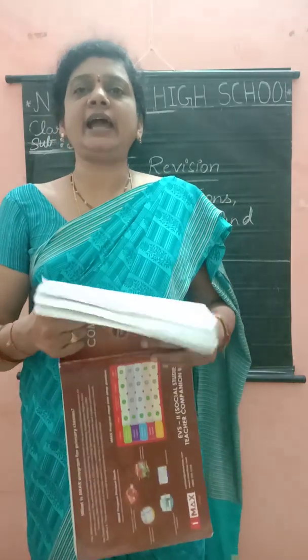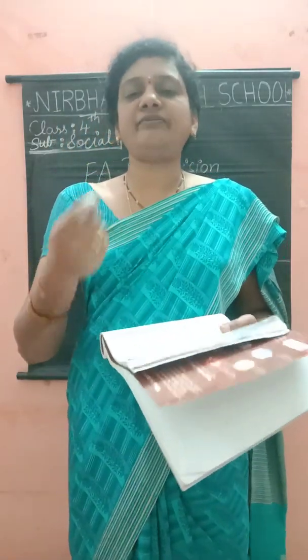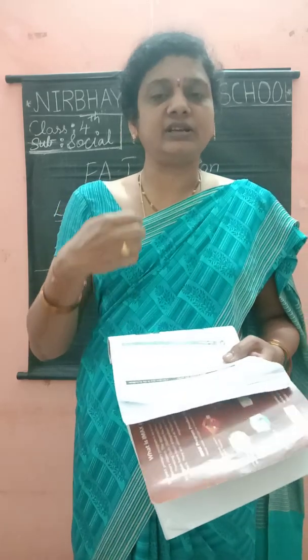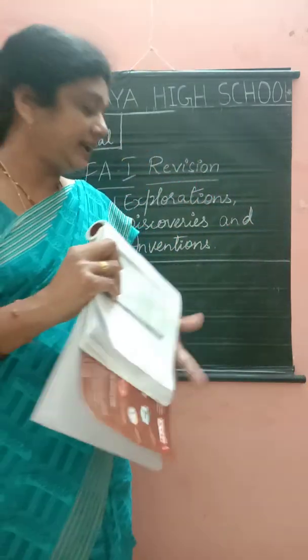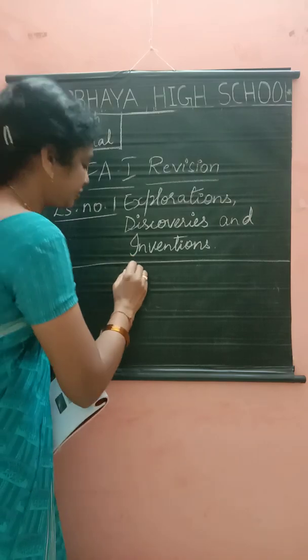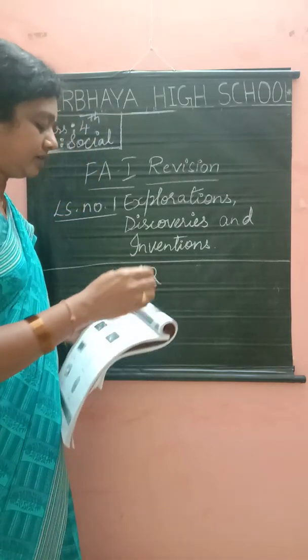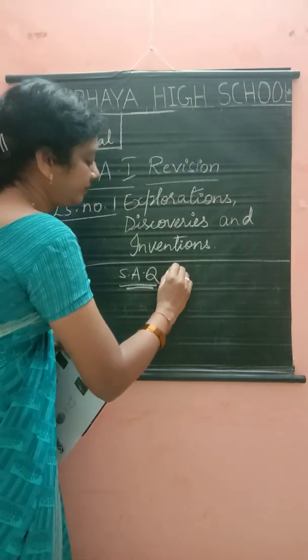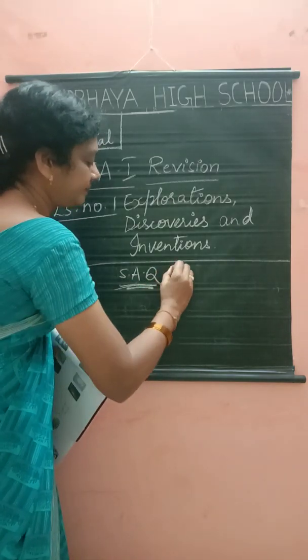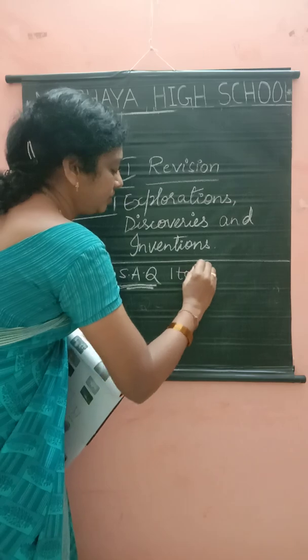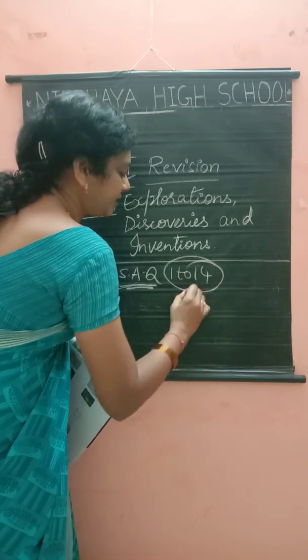Children, do your revision properly and write all these like a ST, children. The short answer questions you have to write. From the first to the 14th question we finished today.